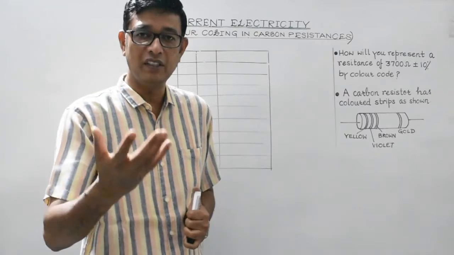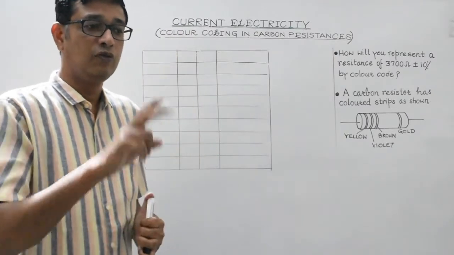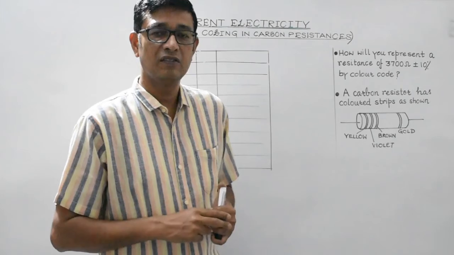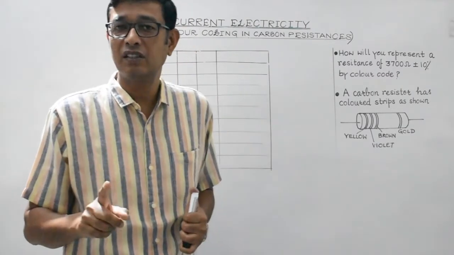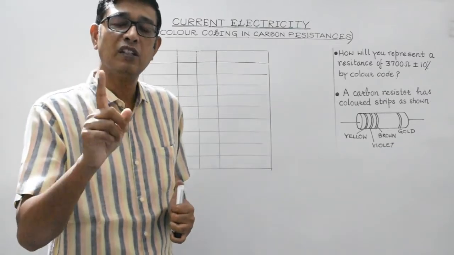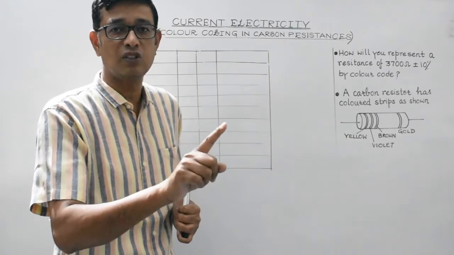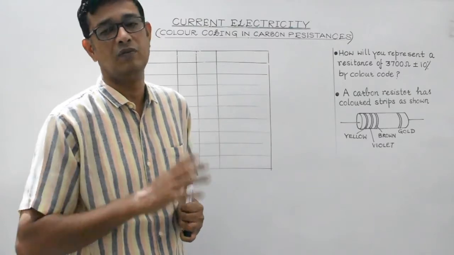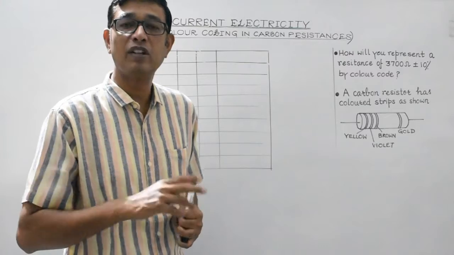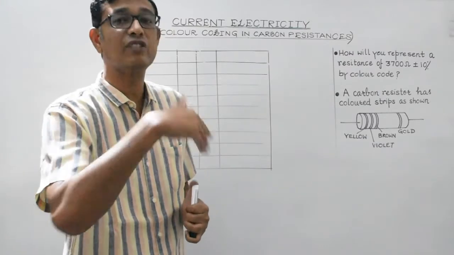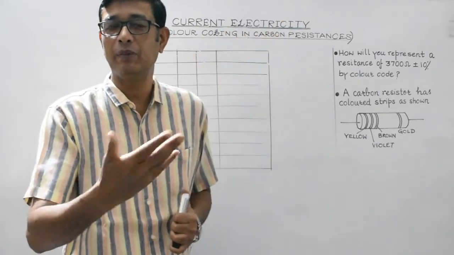So what's the rule? The colors of the first 2 bands represent the first 2 significant figures of the value of resistance in ohm. The color of the 3rd band represents the decimal multiplier, 10 raised to a power.